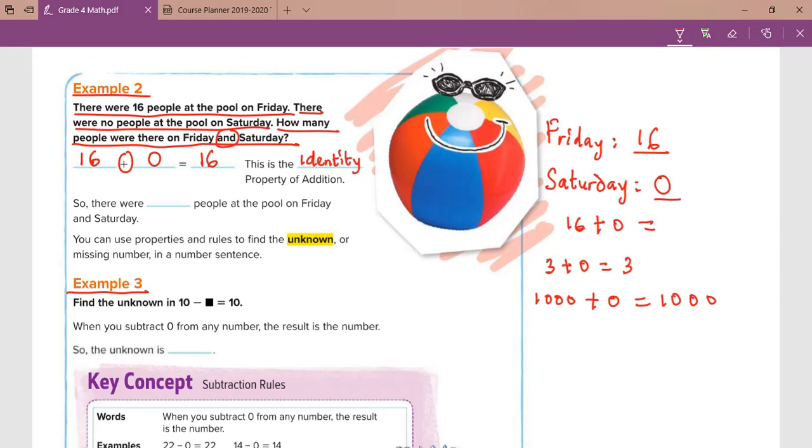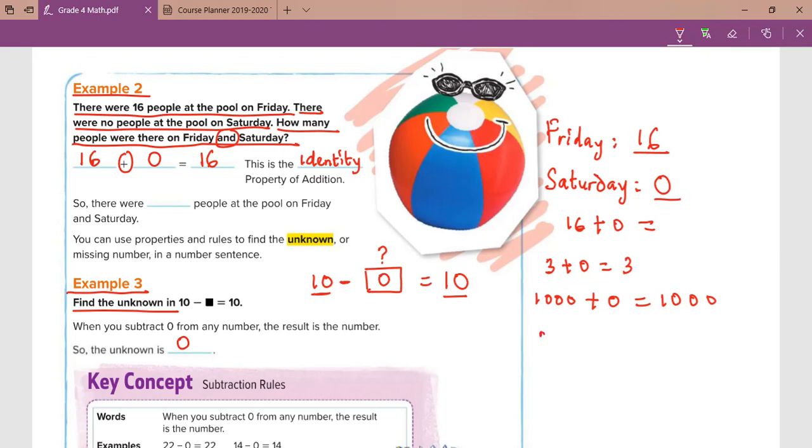Okay, so let's look at example 3. It says find the unknown in 10 minus, this is the unknown, the box we have here, equals 10. So you should ask yourself, what am I going to put here such that when I subtract it from 10, my answer will still be 10? The only thing it can be is 0. So the unknown is 0.